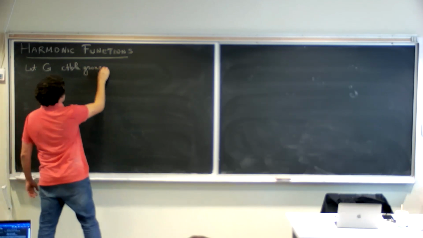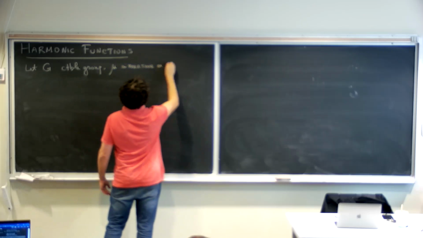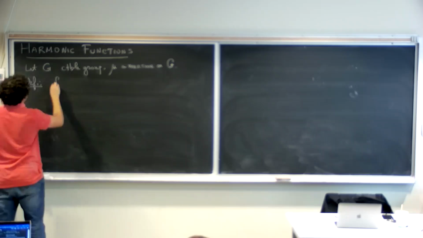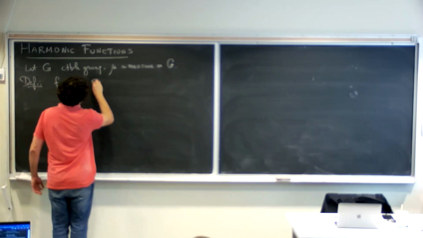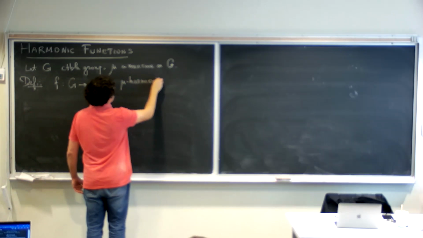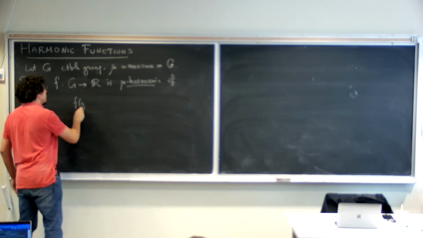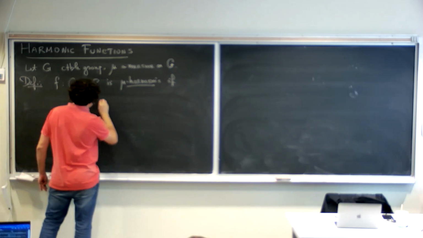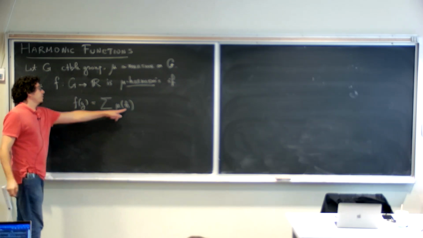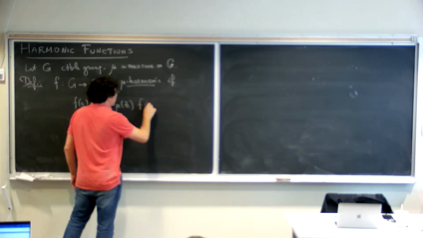From now on, mu is a probability measure on G. And we recall that f, a function from G to R, is mu harmonic, is harmonic in this discrete sense, if f of g is the average, where the average is taken with respect to this measure mu, of the function computed at gh.